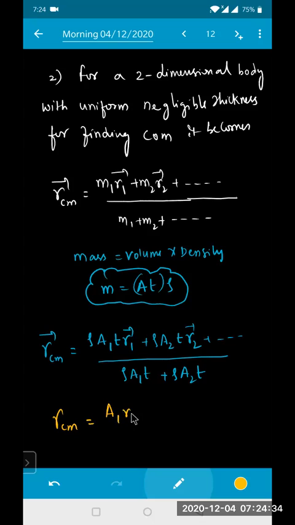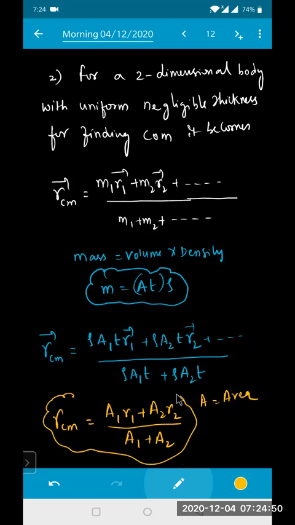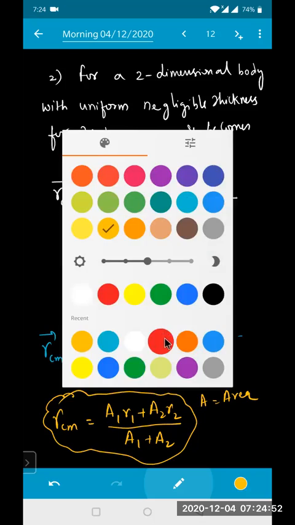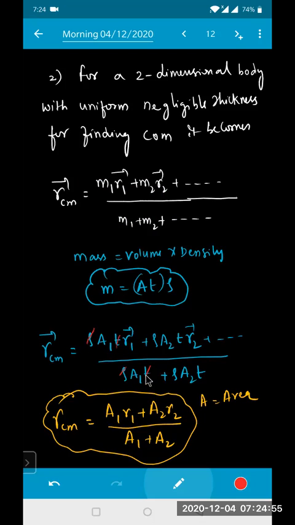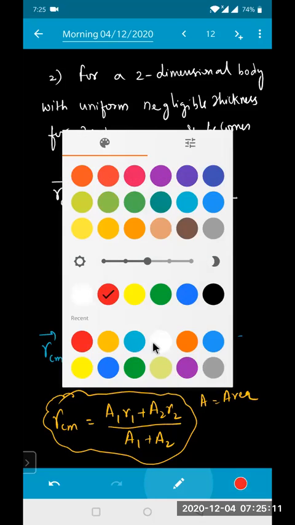This becomes A1 R1 plus A2 R2, divided by A1 plus A2, where A stands for area. So rho and thickness get cancelled. For any regular bodies, this is the basic relation you need to remember for the given conditions. I hope you got an idea.